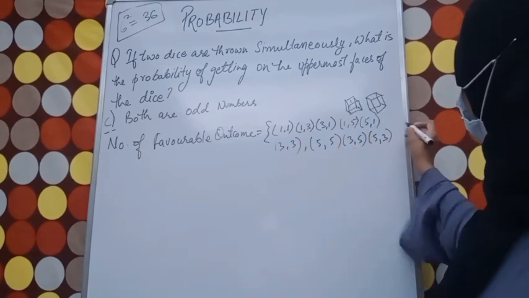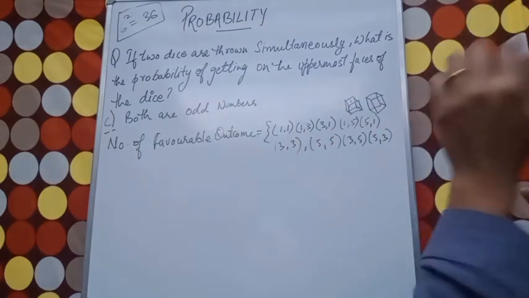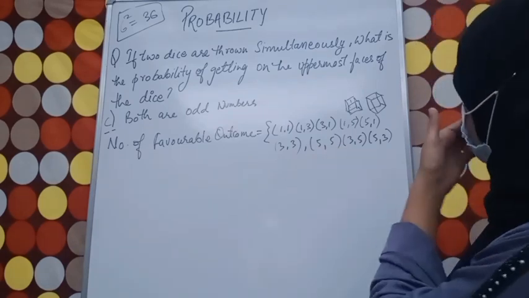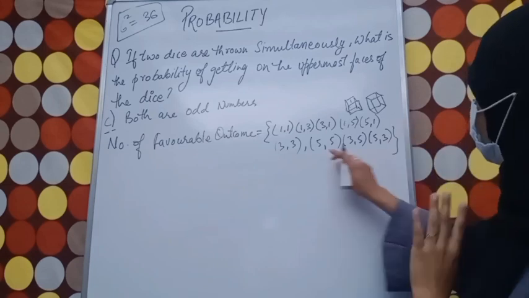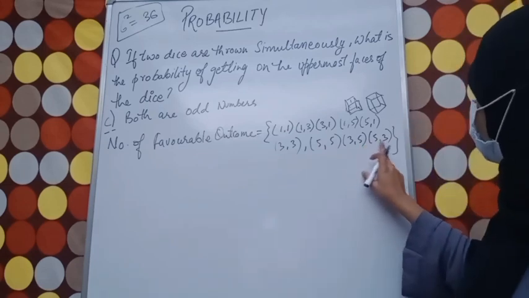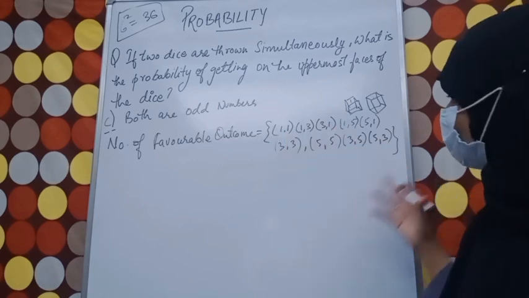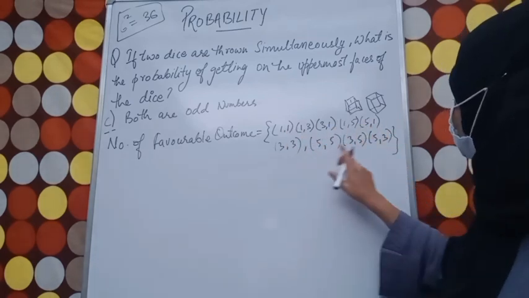Check if every pair has both odd numbers and is not being repeated. I think this is fine enough because we have repeated 5 also. We have 3 5, 5 3 also. We have the combinations 1 3, 3 1, 1 5, 5 1. So I think this is 1 2 3 4 5 6 7 8 9.